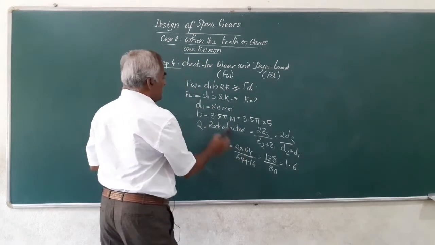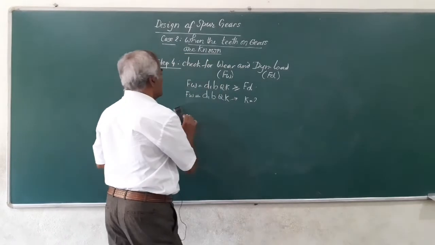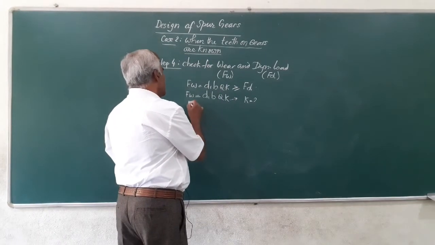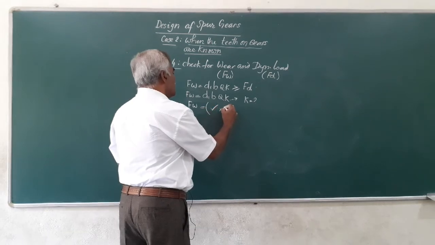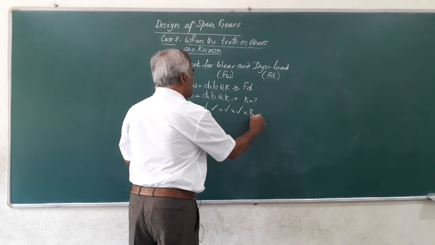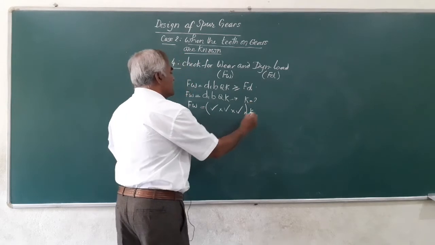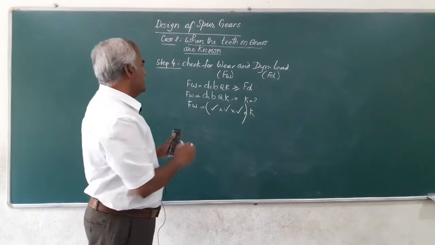So friends, if you make all these substitutions in this formula of Fw, the wear load, we know D1, we know B, we know Q, K is unknown. So you are going to get this in terms of K, where K is the load stress factor.